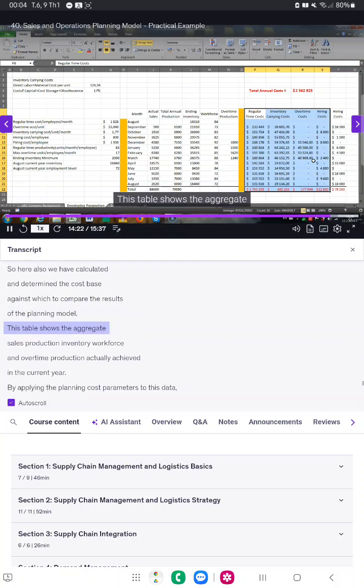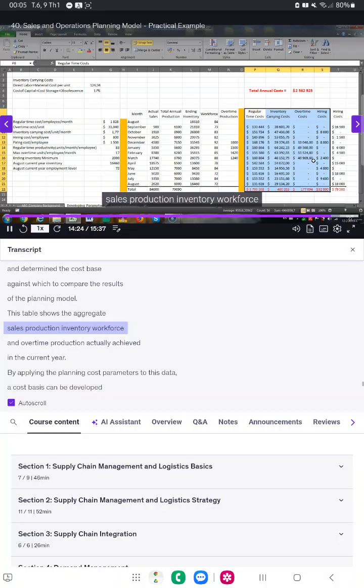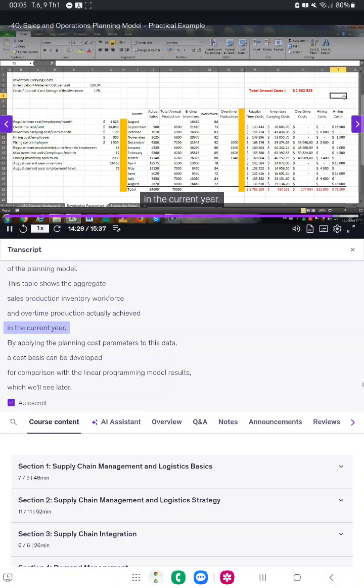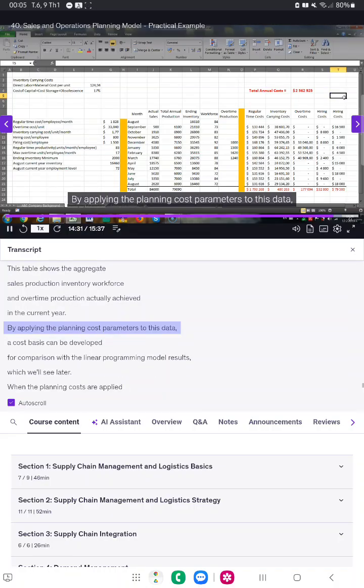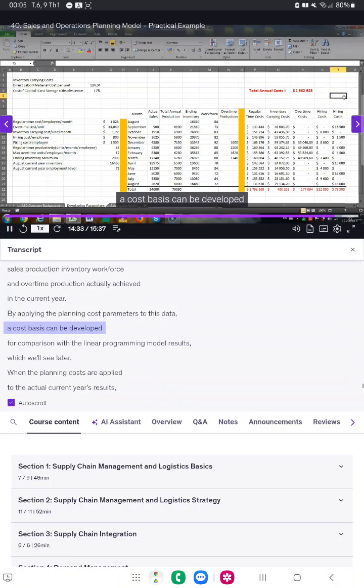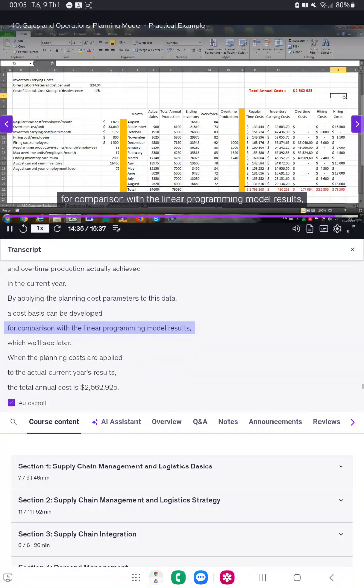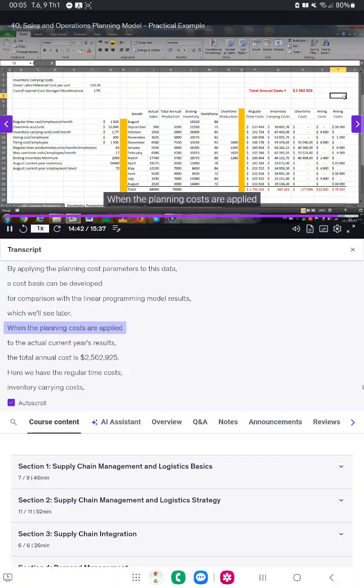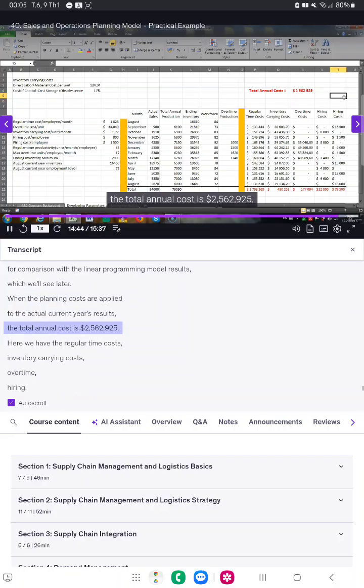This table shows the aggregate sales, production, inventory, workforce, and overtime production actually achieved in the current year. By applying the planning cost parameters to these data, a cost basis can be developed for comparison with the linear programming model results, which we will see later. When the planning costs are applied to the actual current year's results, the total annual cost is $2,562,925.